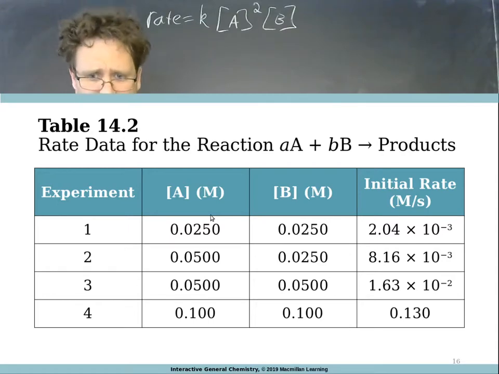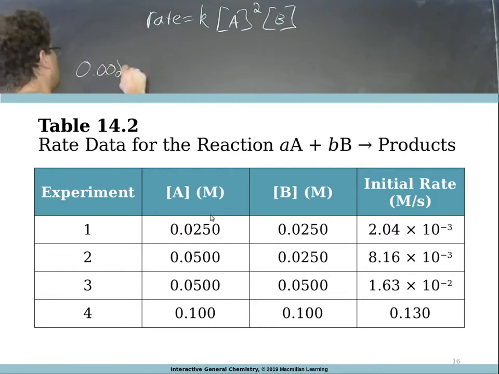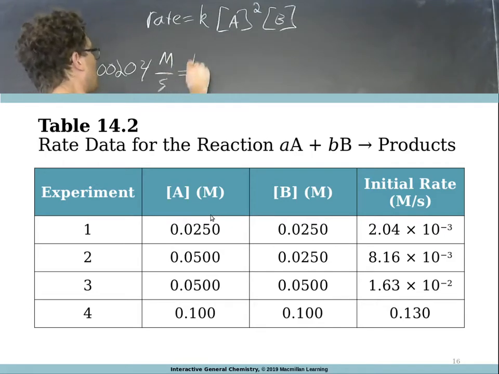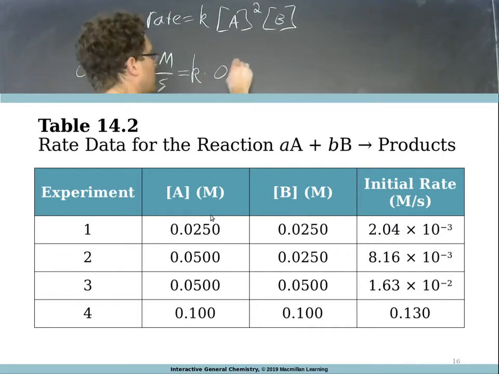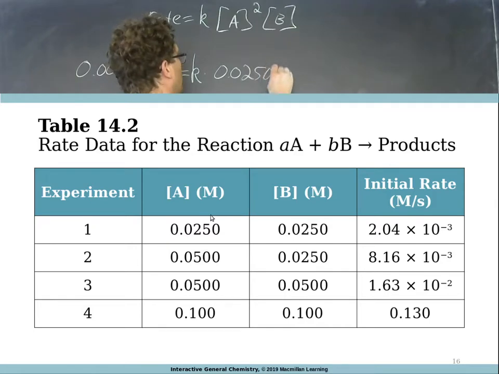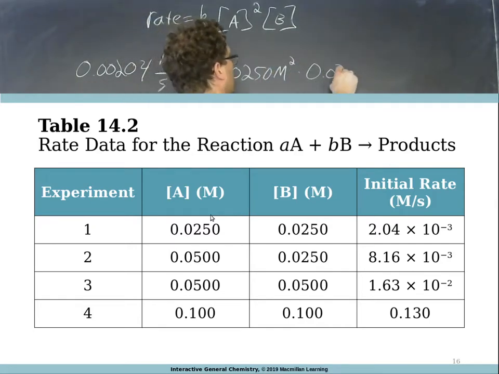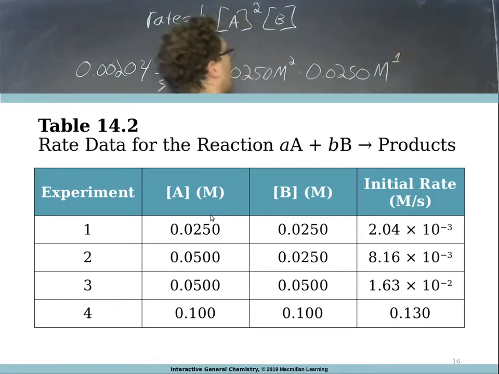So our rate again is 0.00204 molar per second, which is going to equal k times 0.0250 molar squared times 0.0250 molar to the first power.